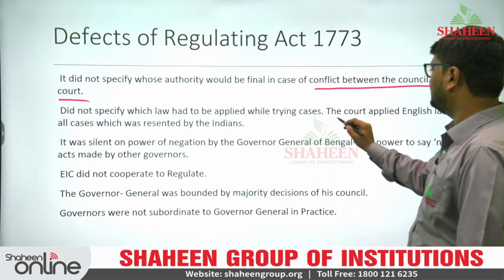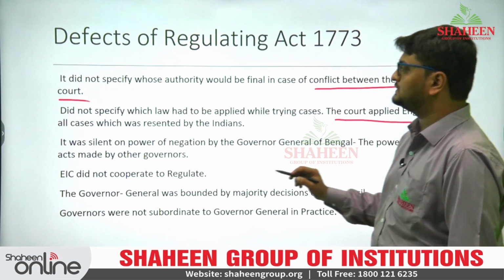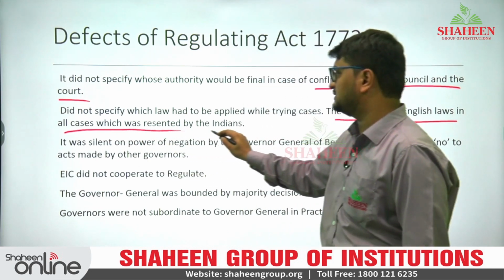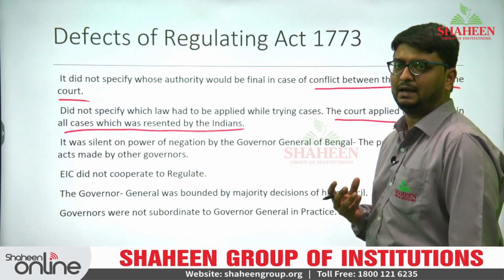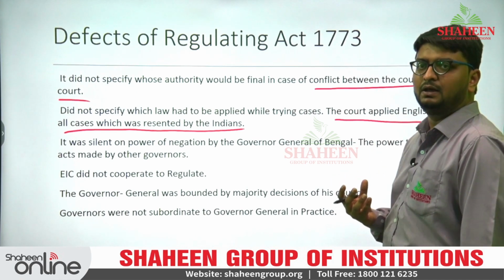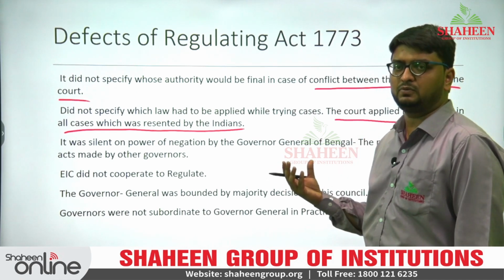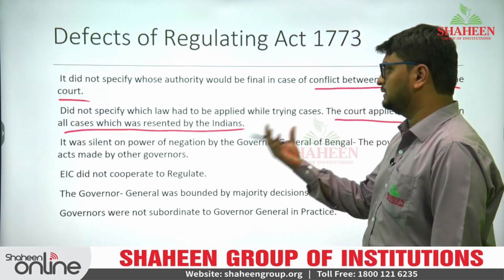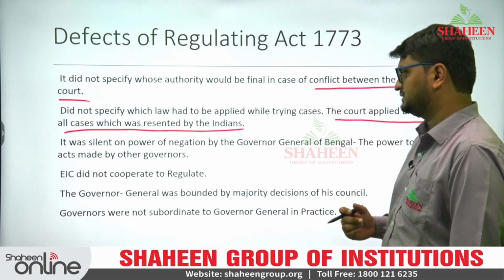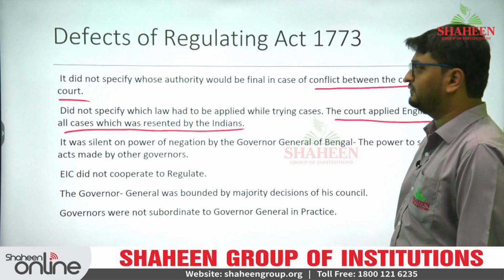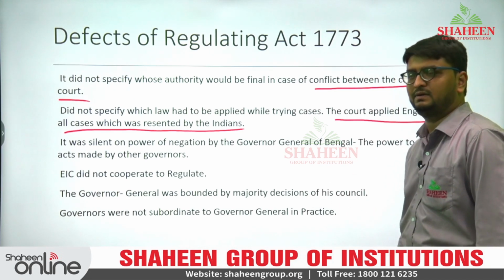The court applied English laws in all cases, which was resented by the Indians. It made Indians feel bad when the Supreme Court at Calcutta was using these British laws to solve their cases. That was one of the important defects of the Regulating Act of 1773.